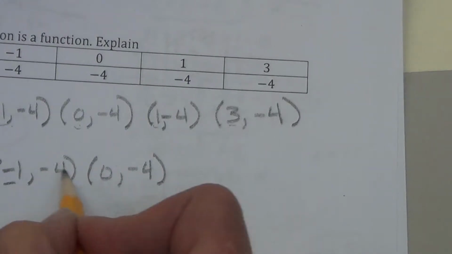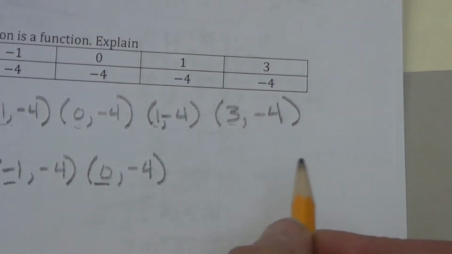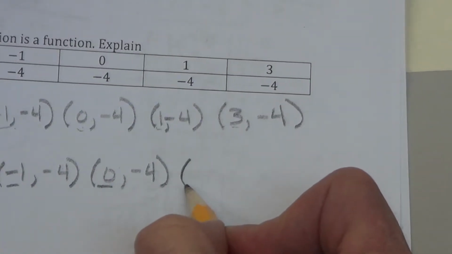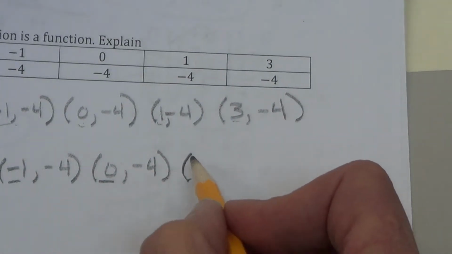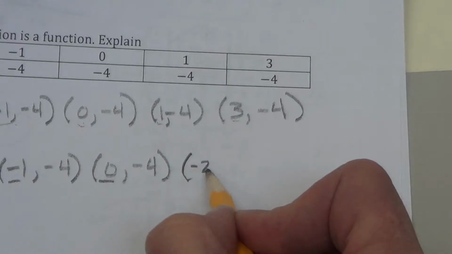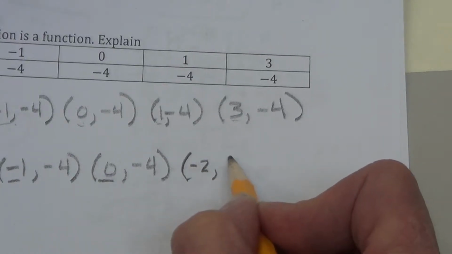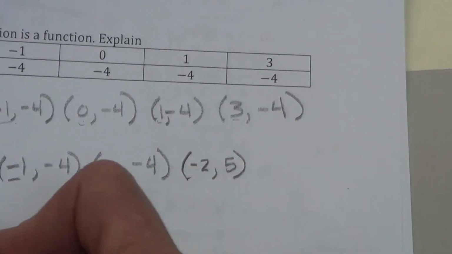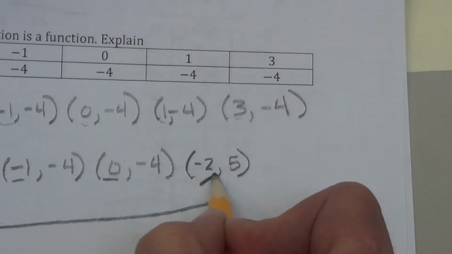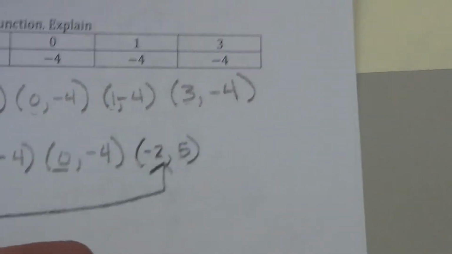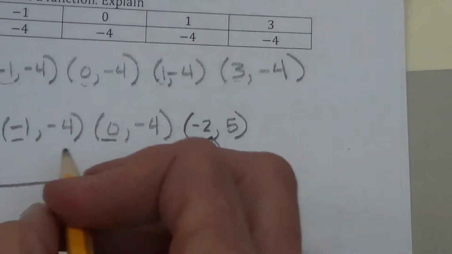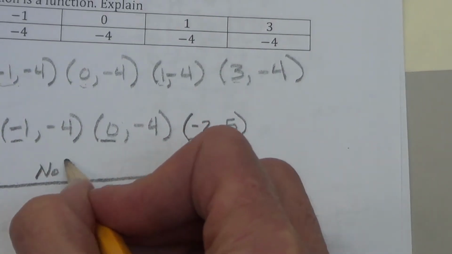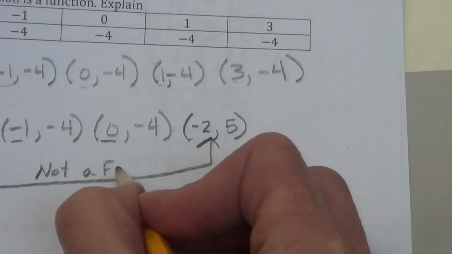Anytime an x value or domain cheats, it's not a function. So we could grab any one of those and cause him to show up with a different partner. We'll just take -2. He shows up with 5. Do you see how right there the -2 is cheating on his partner? So that is not a function. Not a function. It's only a relation.